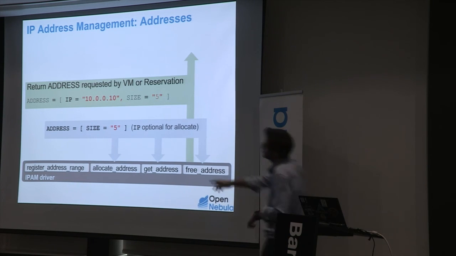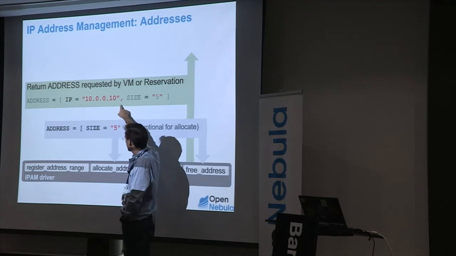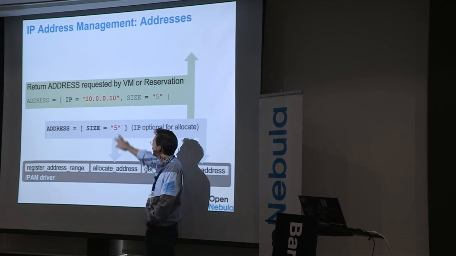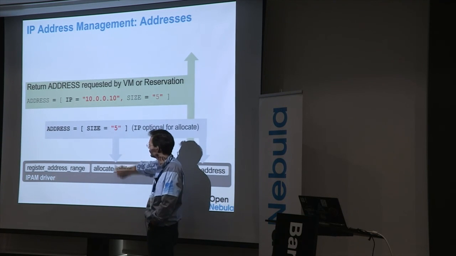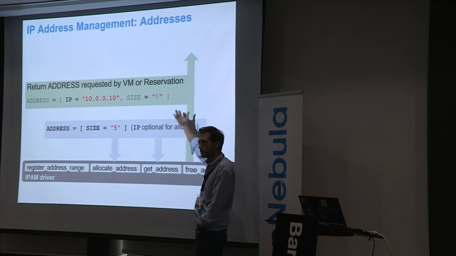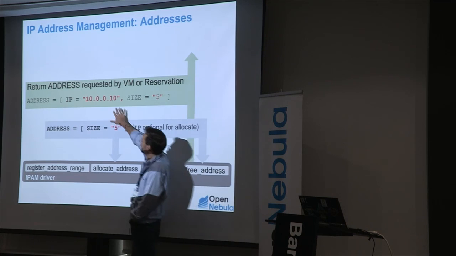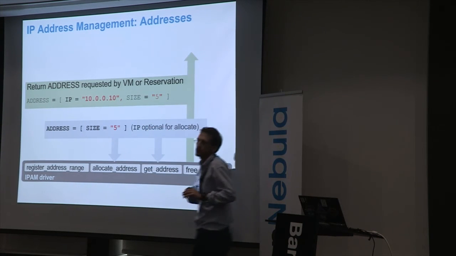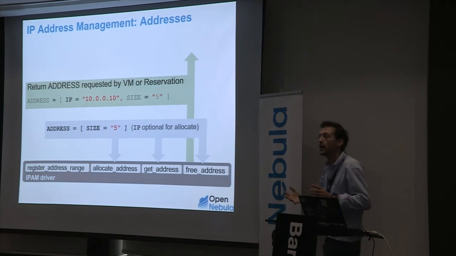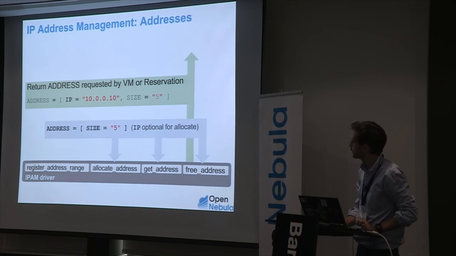So for example, when you say, I need 5 addresses from this range, you go to the allocate or the get address scripts, and you get which addresses are going to be used in OpenNebula for the VM. And from there, OpenNebula will use this IP as any other, as if the IP was taken from a regular OpenNebula network.